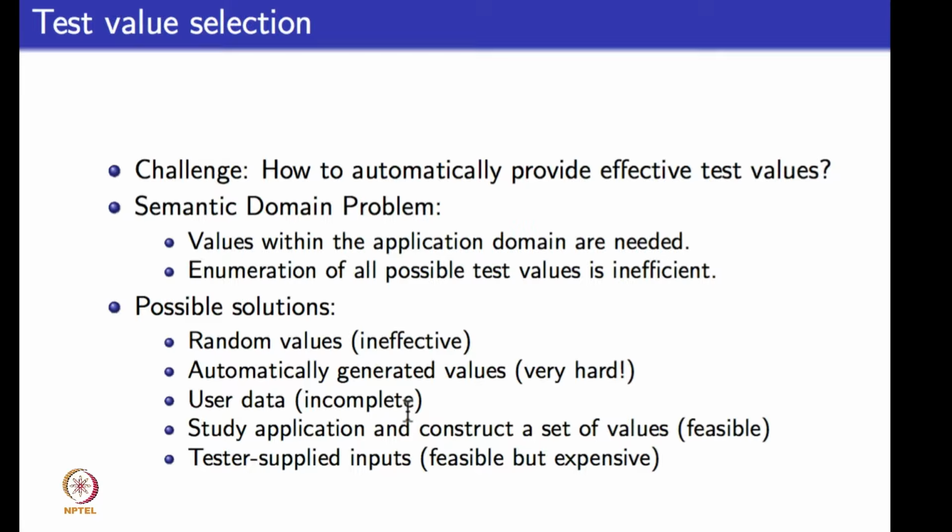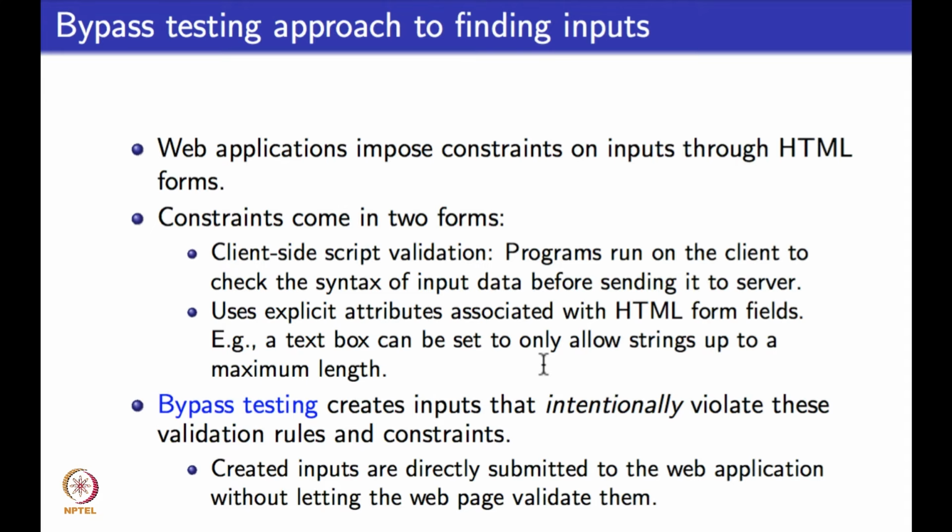We study an application and construct a set of values. That is a feasible technique. Bypass testing that we will be seeing comes under this class. So what is bypass testing? Web applications typically impose constraints on the kind of inputs that they get through HTML forms. What do the constraints look like? Constraints can come in two different forms.